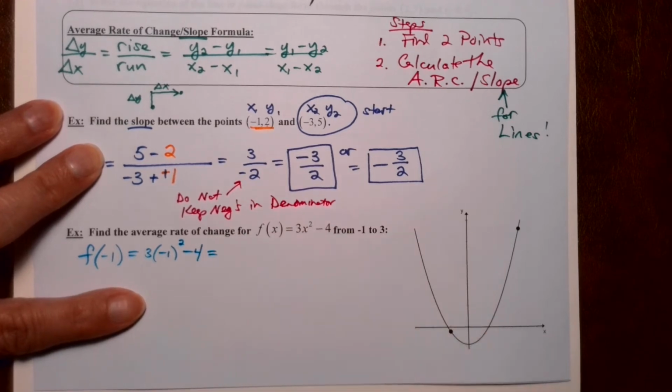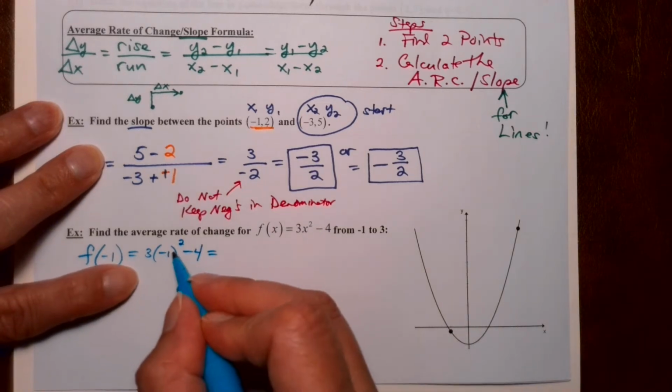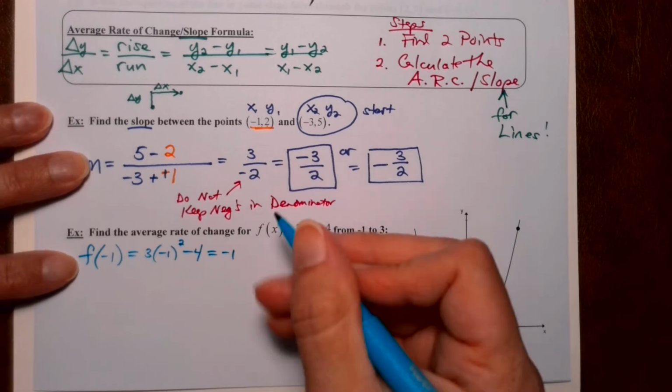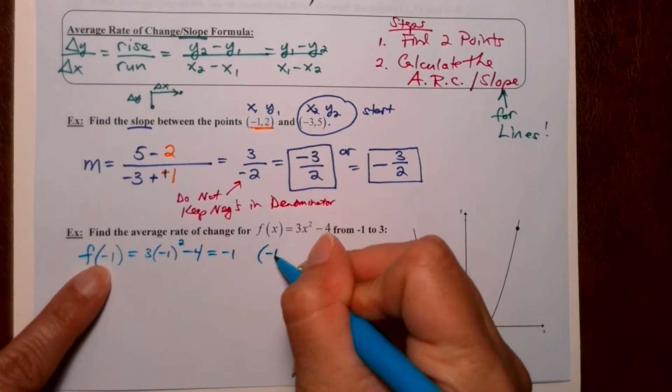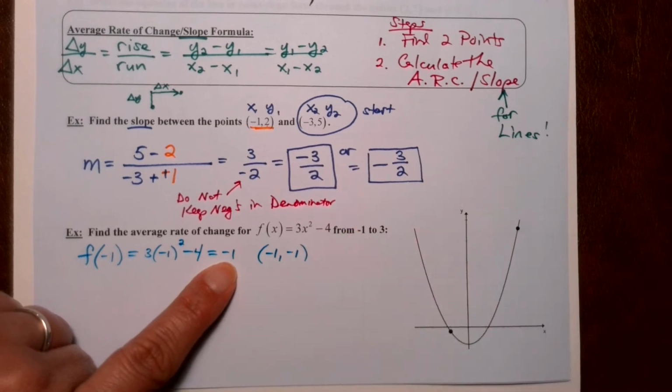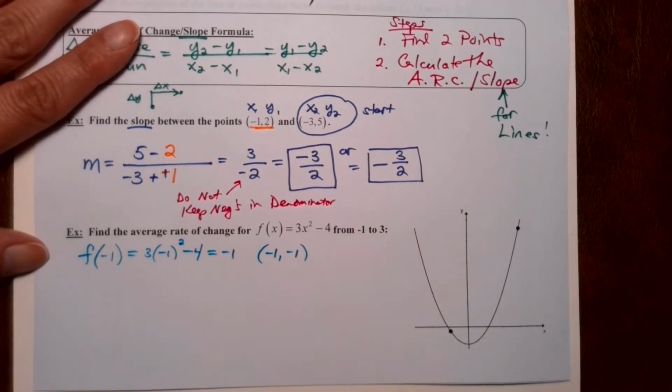And what does that give us? That gives us negative 1, right? So when you plug in negative 1, we get a y value of negative 1. That is our first point.